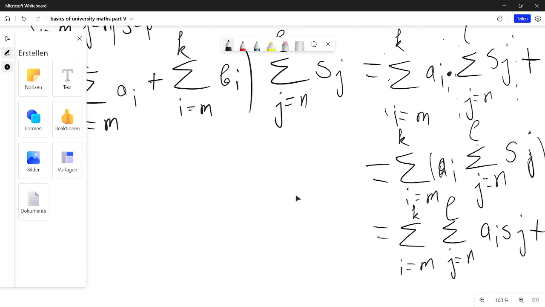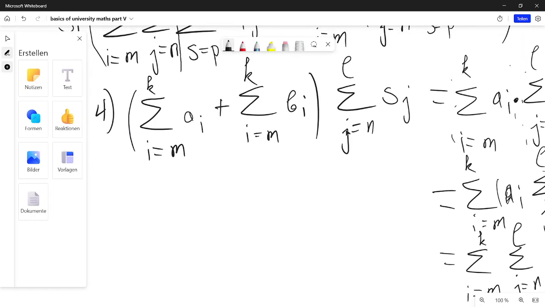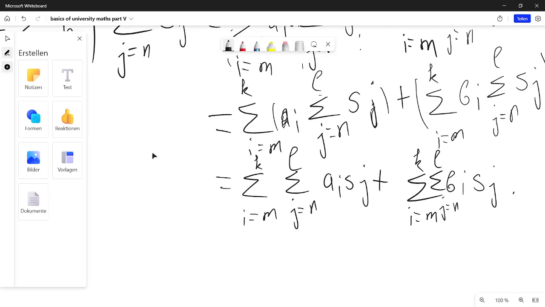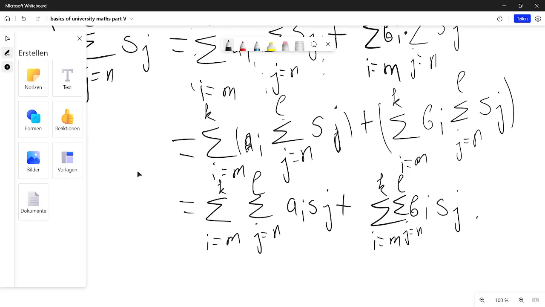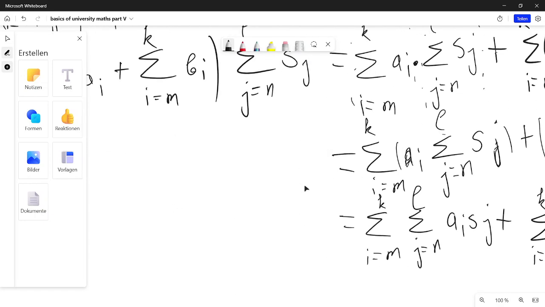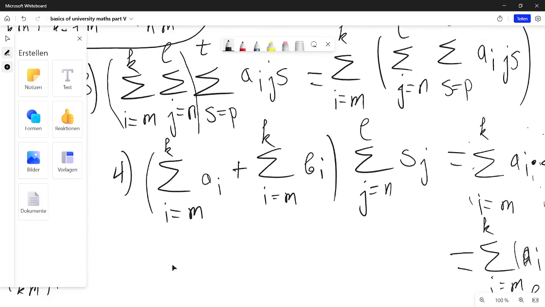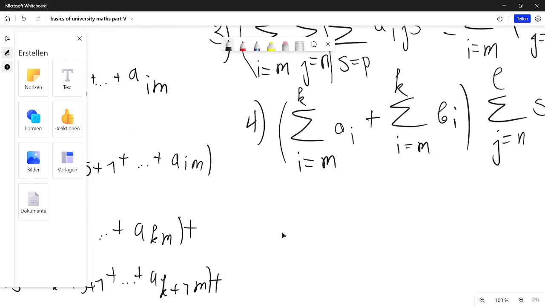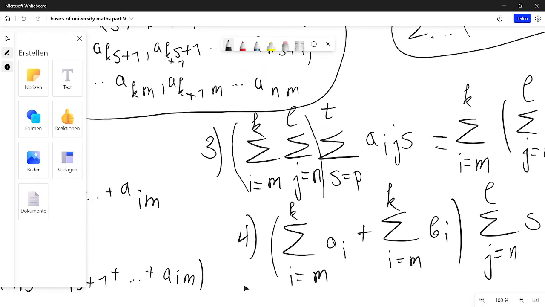And this is the distributivity law. So by distributivity law, we can just put that there, and we can conflate those together. So we make a double sum out of this. But you saw it's just basic arithmetic, just written in a weird fashion of sigma notation. So there's really nothing about it.